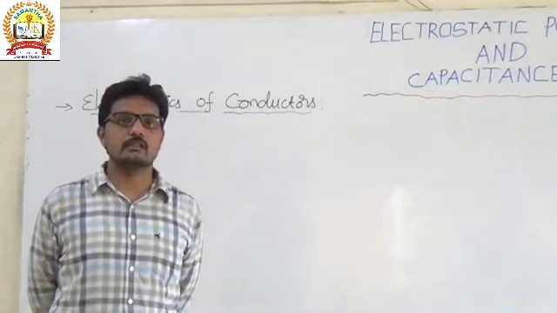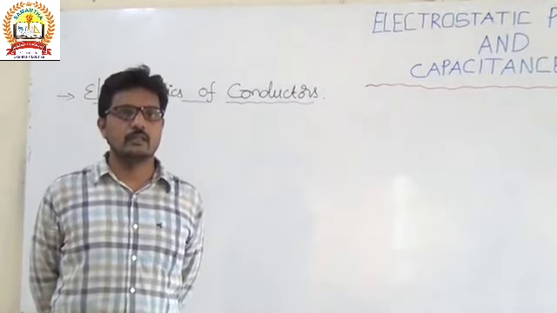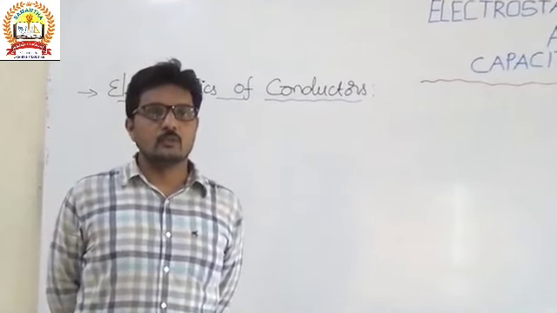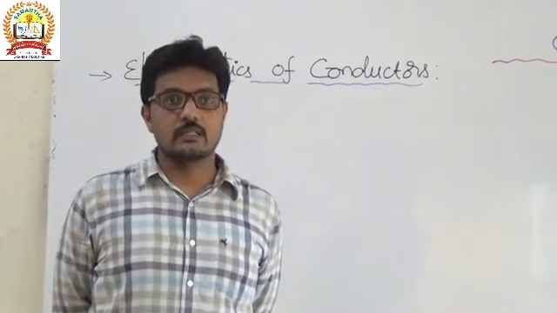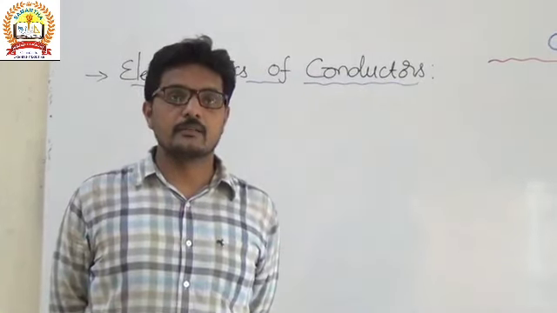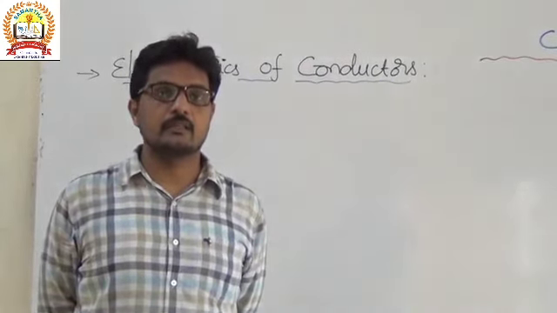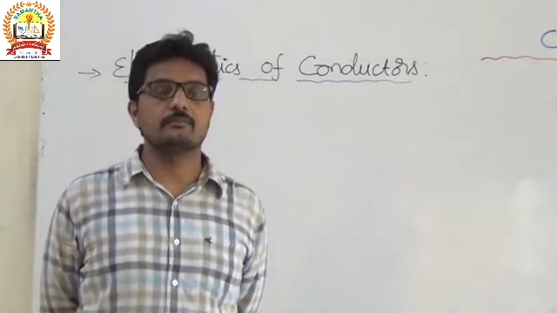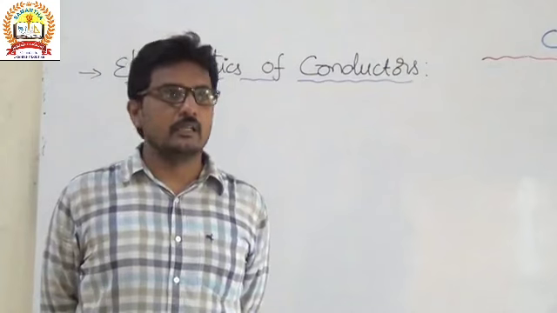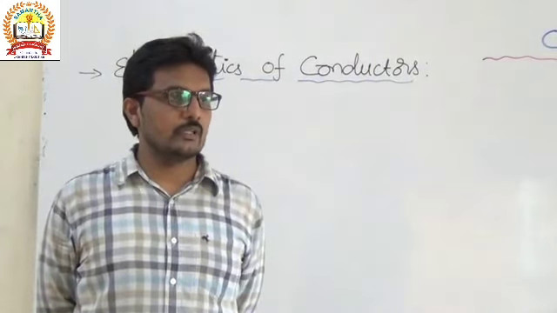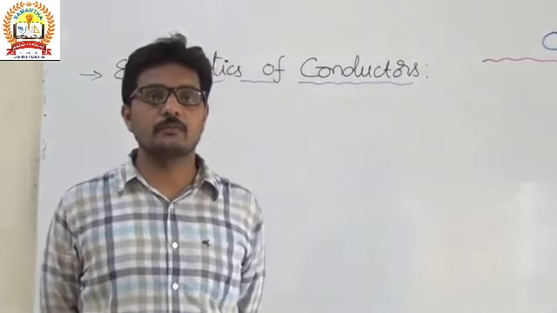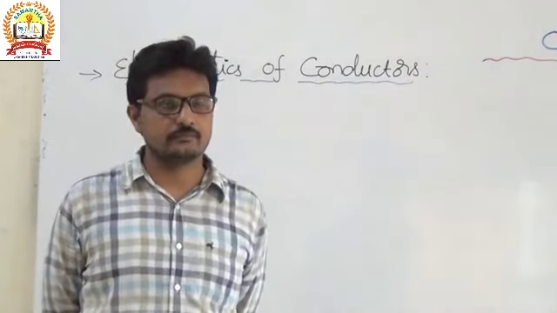One of the subtopics of electrostatics of conductors is electrostatic shielding, and with the help of the Van de Graaff generator we can understand it clearly. That is the reason we want to discuss it, even though it is not in the syllabus, because it will be helpful for the competitive part.